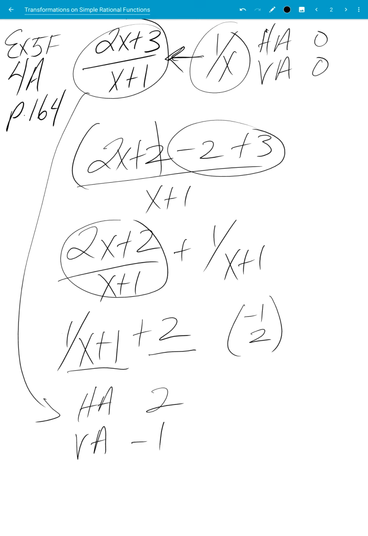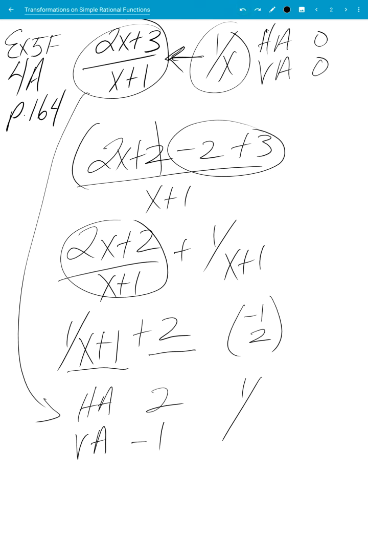And if I were to look at it that way, then I would say, well, so I've taken 1 over x, and then I have shifted it to the left by 1, so that's going to be x plus 1, and then I shifted it up 2. Okay, so let me write that a little bit neater.